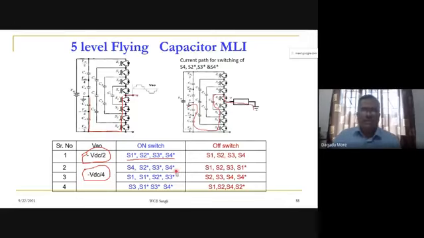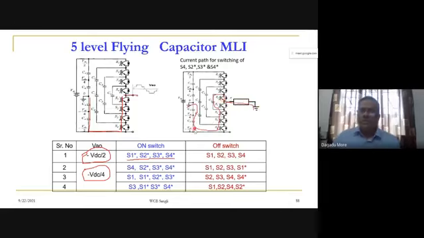So let us go for VDC by 4. Here S4. Whatever we trace is from this O point through these two capacitors, then these three switches S2*, S3*, S4*, or S4*, S3*, S2*, then this capacitor, and then the S4 switch, and then this.